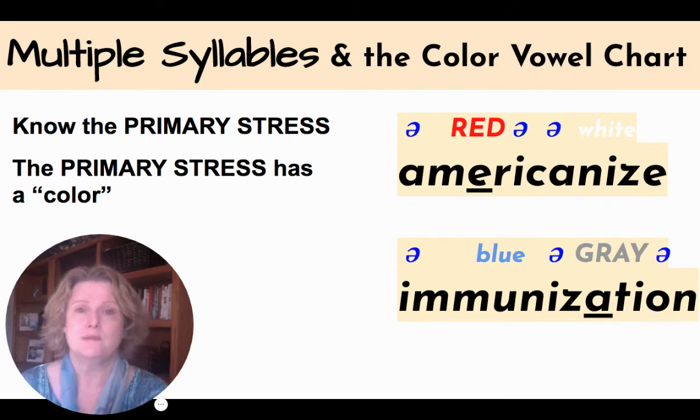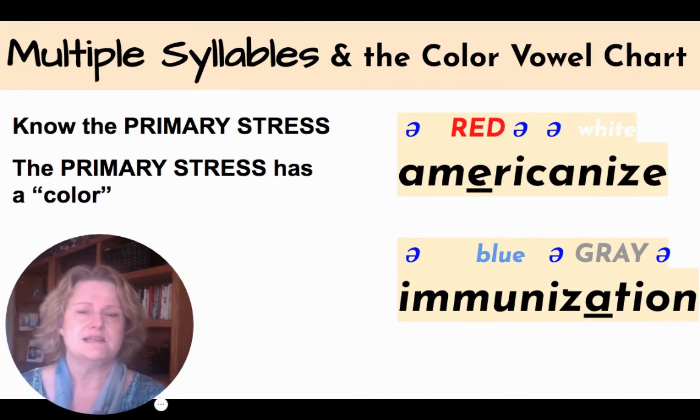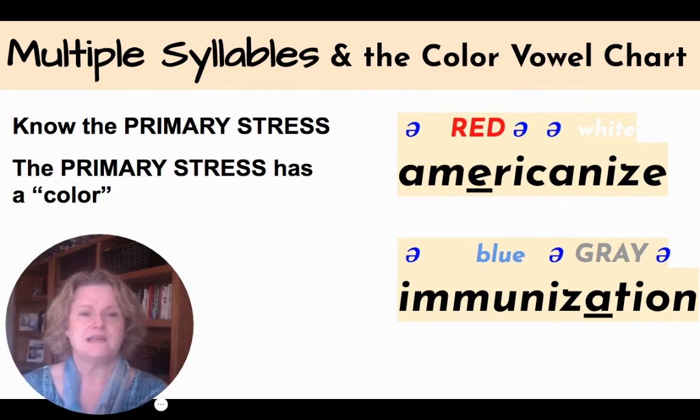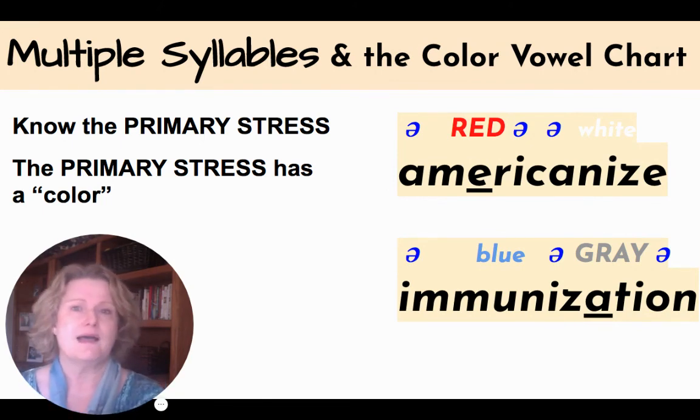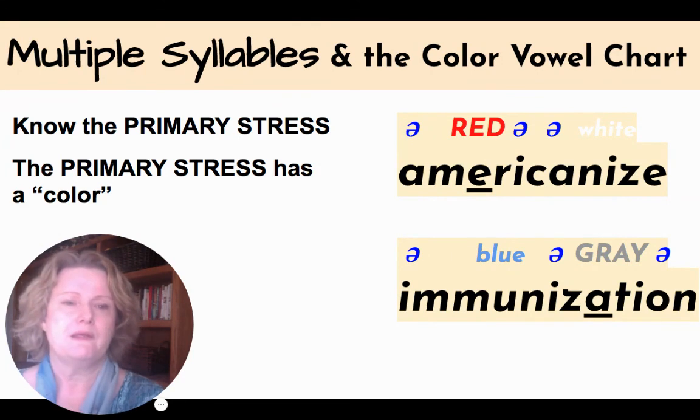Now in the word Americanize, you have a little bit of a second stress on eyes. And secondary stresses usually have a color as well. This one is white. In fact, any word that ends with I-Z-E, as in analyze, finalize, will have that white sound there.